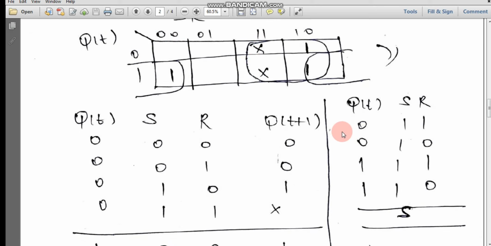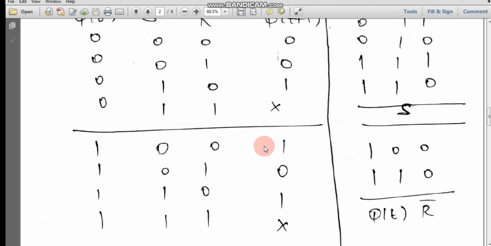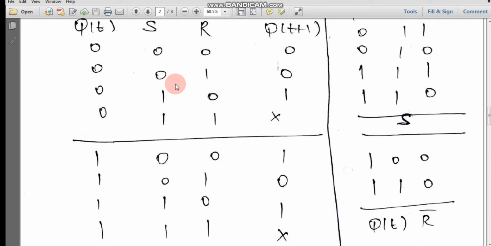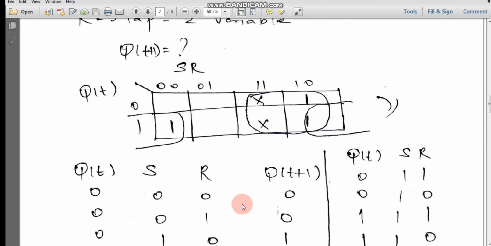Similarly, here also, for 1 0 0 I put 1, for 1 0 1 I put a cross, for 1 1 0 I put 1, and for 1 1 1 I put a cross.